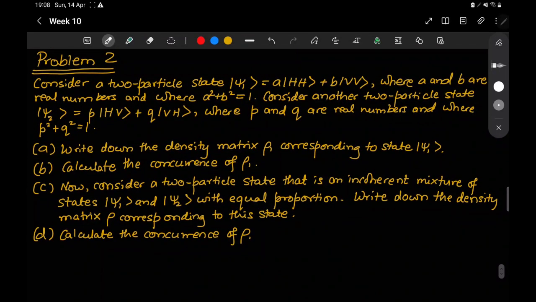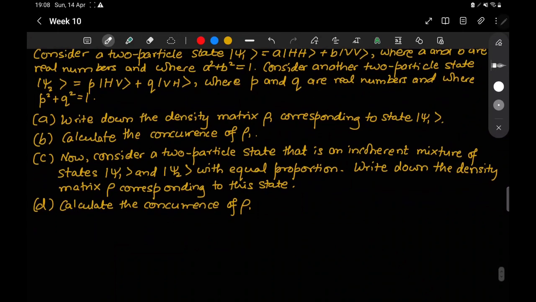Part C, now consider a two-particle state that is an incoherent mixture of states psi 1 and psi 2 with equal proportion. Write down the density matrix rho corresponding to this state, and finally calculate the concurrence of rho.